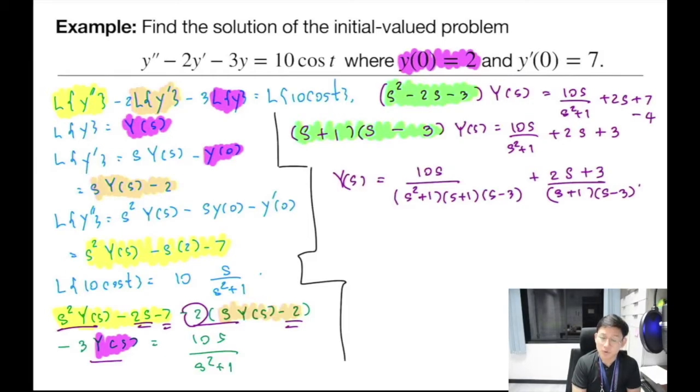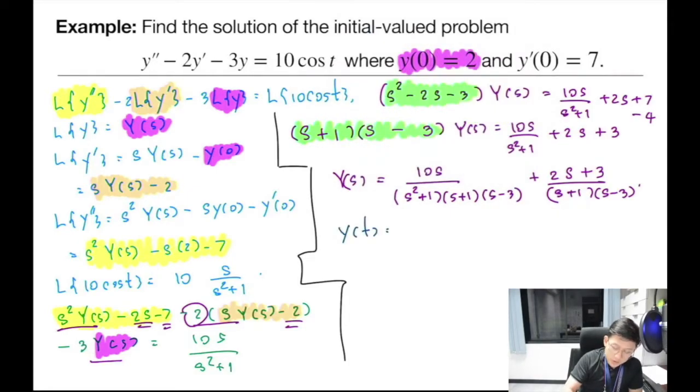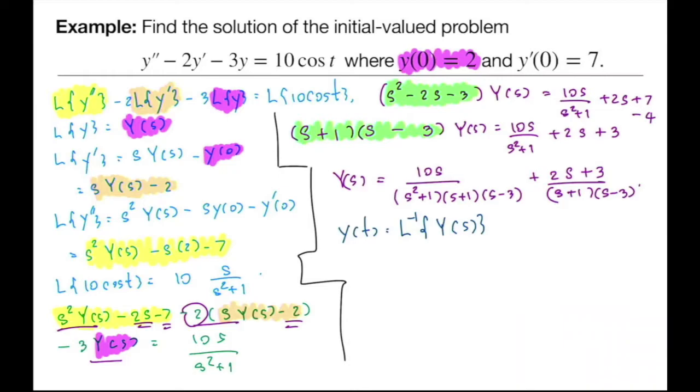Next what we need to do is to apply the Laplace transform. We need to find yt, which is the inverse Laplace transform of Ys. To do that, yt would be the inverse Laplace transform of 10s divided by s squared plus 1, s plus 1, s minus 3, plus 2s plus 3 divided by s plus 1 and s minus 3.